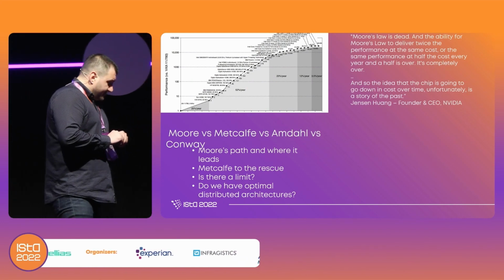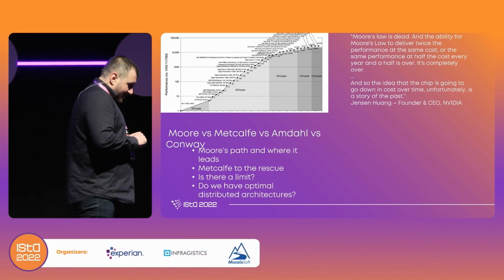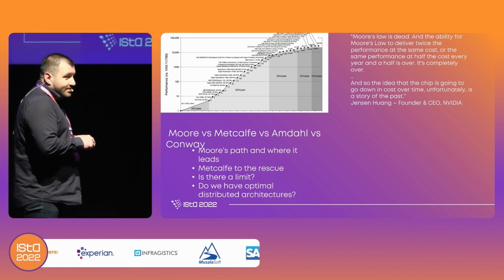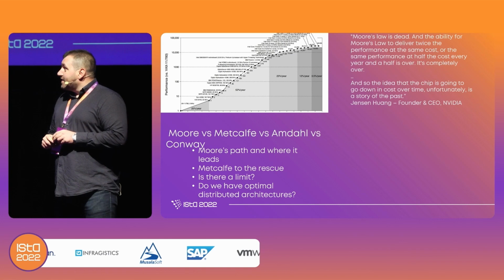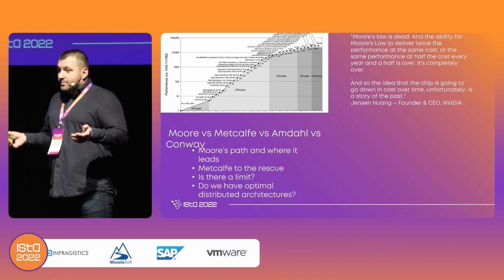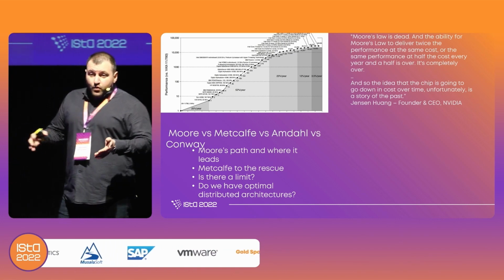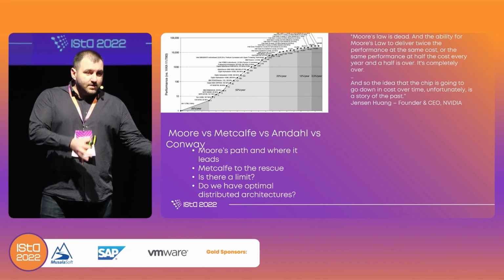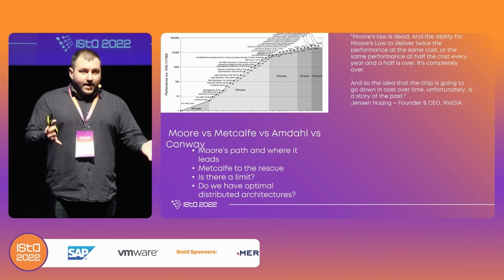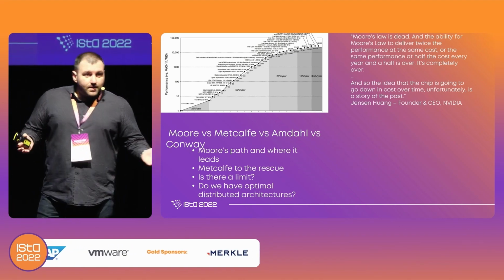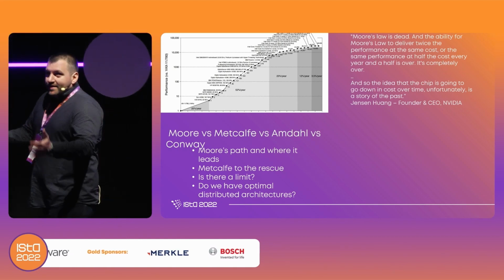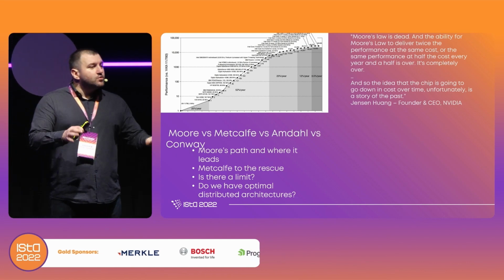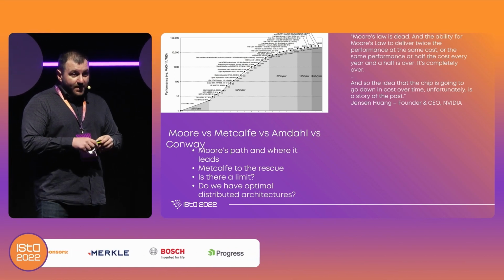Moore's law, for lack of a better word, is dead. Regardless of what you can Google online, some people say it is, some people say it's not. In its purest form, it says every 18 months you have twice as many transistors on a chip. That's no longer true. We are at about 50 to 80 billion transistors per chip now.